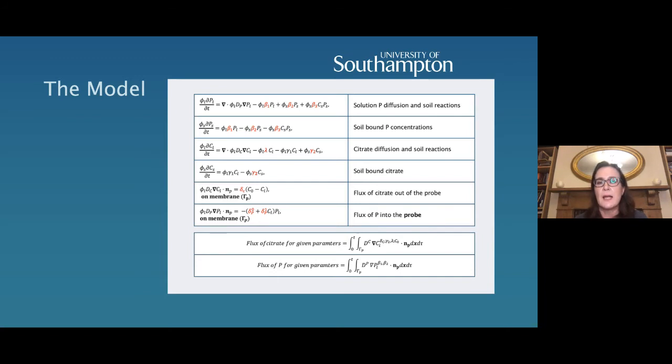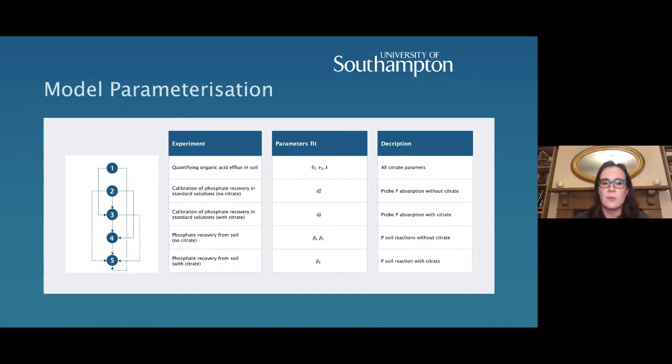To cut the long story short, all these uncertain parameters in the models, which are shown here in red, we were able to independently calibrate by using these microdialysis probes, by doing a set of 5 different experiments to extract all the different parameters in a controlled manner.